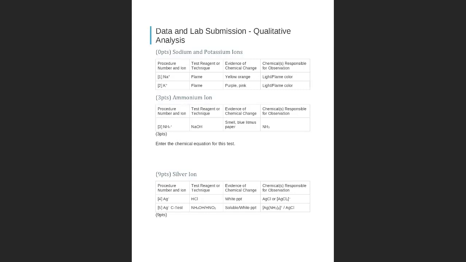So in this case, what are you writing? They give you evidence of chemical change. Well, you have the smell of the ammonia, and also you see the blue litmus paper. The red turns blue. So all they are asking is basically to write the reaction.